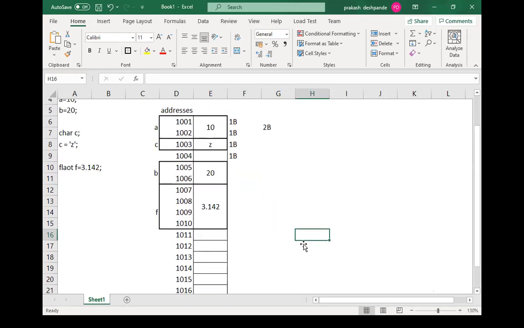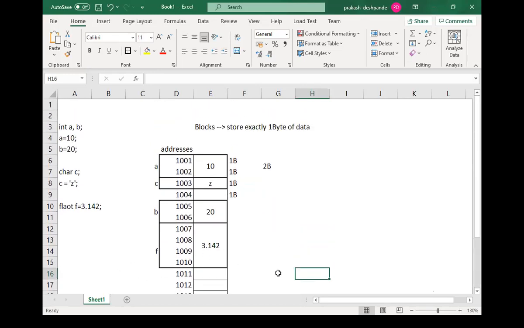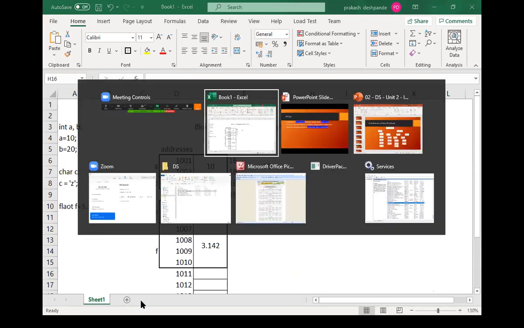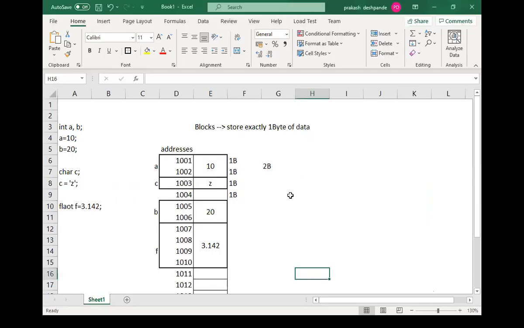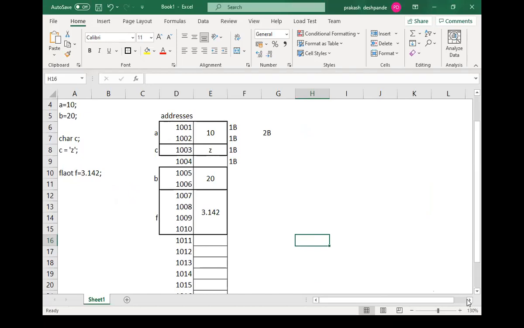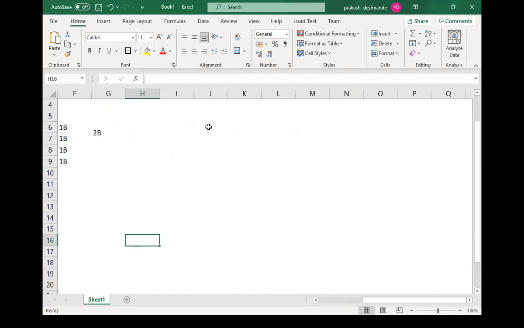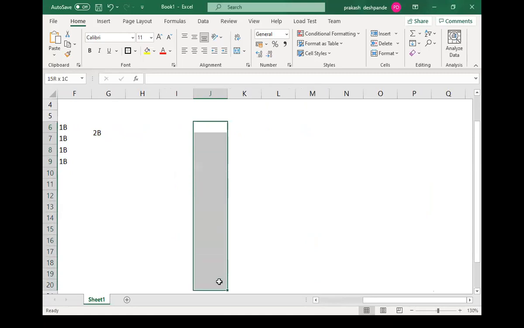Okay. Now, coming back to our concepts, to the array concept. In the array concept, we said that the elements of an array are always stored in consecutive memory locations. What we actually mean by consecutive memory locations is, consider an example again.